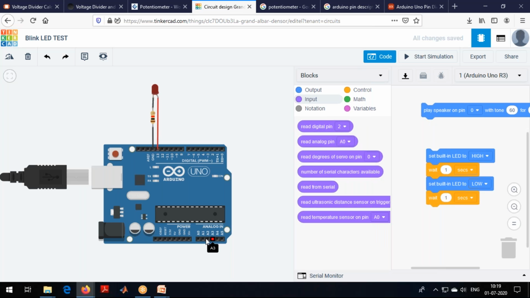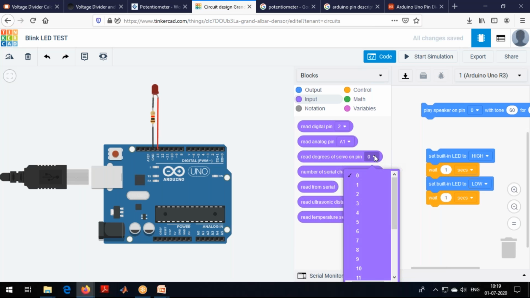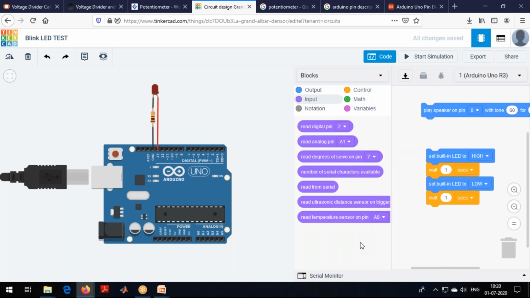If I am connecting any temperature sensor to A1, then I should say read analog pin A1. If I am connecting a particular servo motor and I want to see its orientation angle, then I can read from any one of the pins. If I am connecting to 7, I should say read degrees of servo pin on 7.